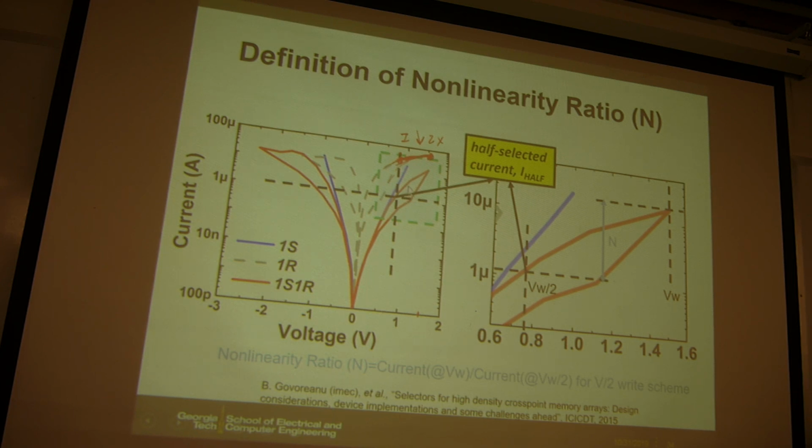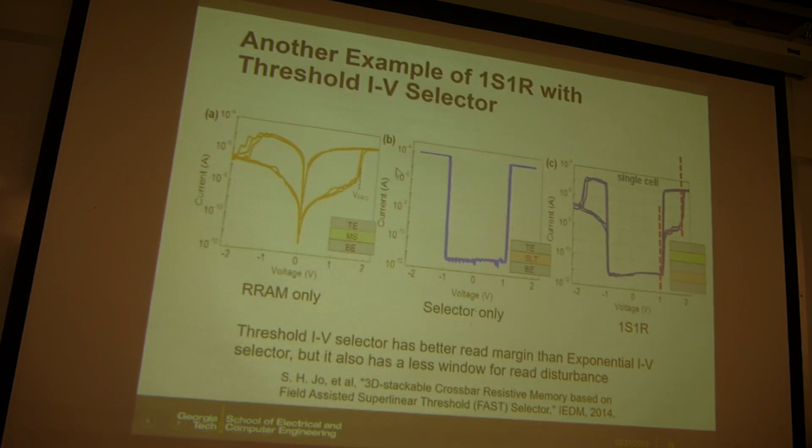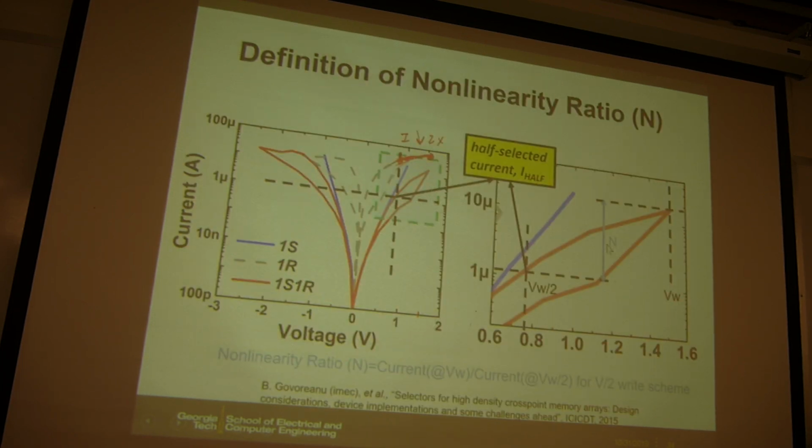But with this 1S1R, this is a zoom-in plot of this part. You can see the write voltage, and this is half the write voltage. Your current is reduced by N times.